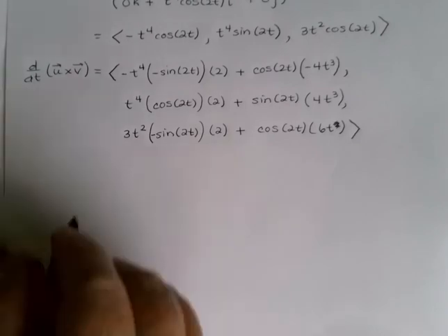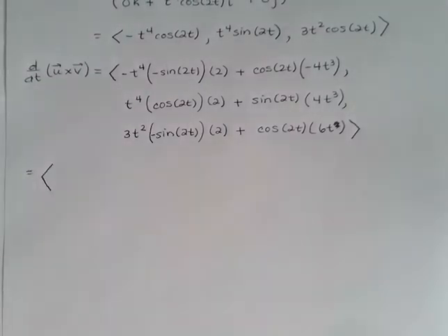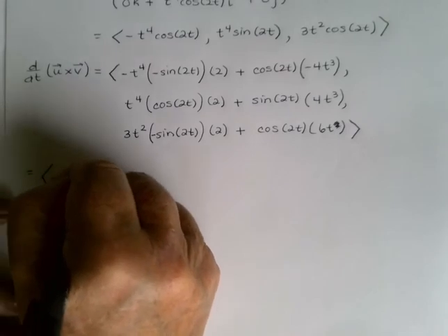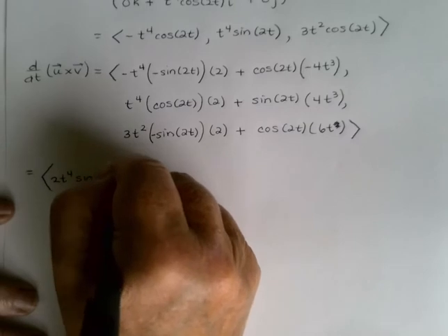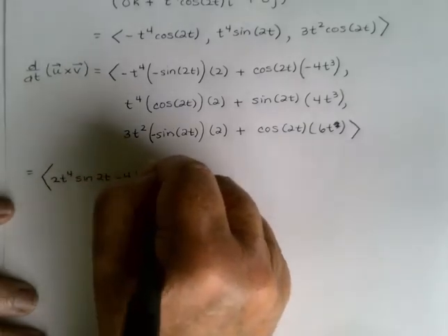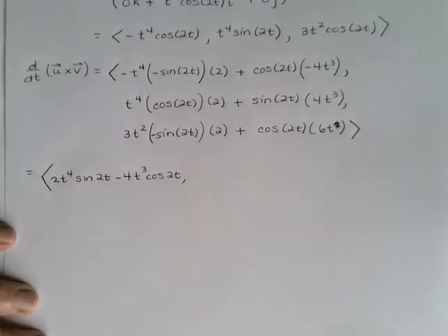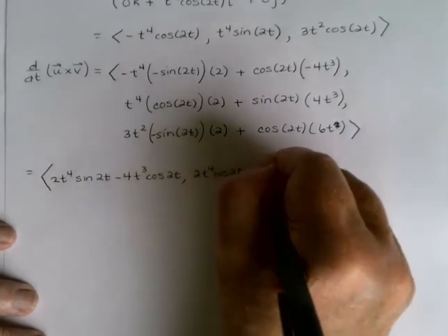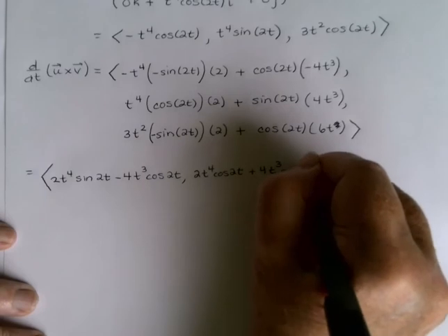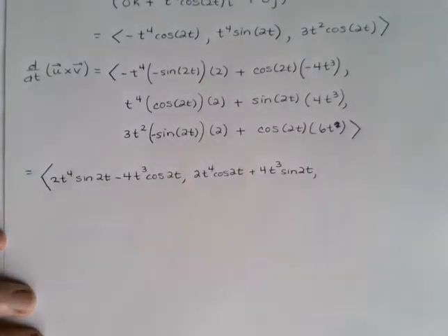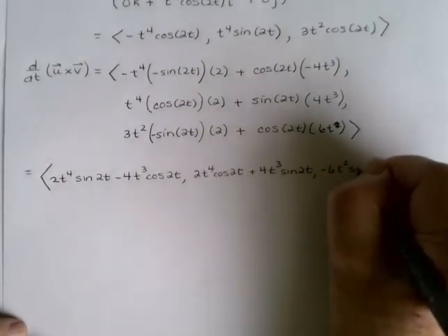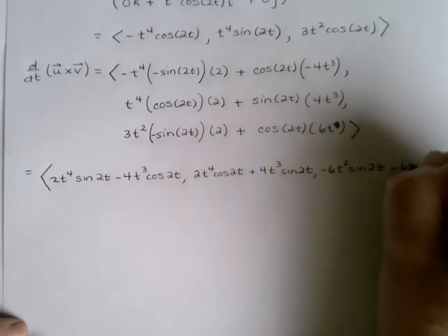All right, we're almost there. Let's go ahead and write this out. See, it's going to end up being a positive 2t to the fourth sine 2t and a negative 4t cubed cos 2t, and then a 2t to the fourth cos 2t plus 4t cubed sine 2t, and finally a negative 6t squared sine 2t plus 6t cos 2t.